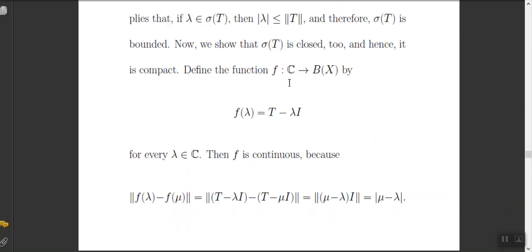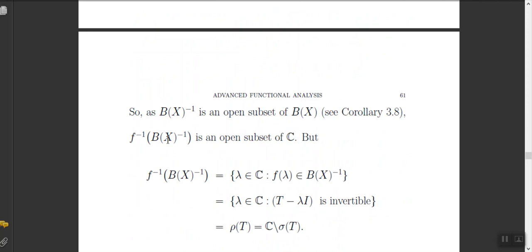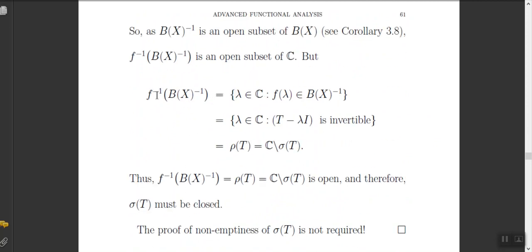So the inverse image of B(X) inverse as a subset of C must be open. Now let's see what this actually is. The inverse image f inverse of B(X) inverse means, by definition, all scalars lambda such that f of lambda belongs to B(X) inverse.